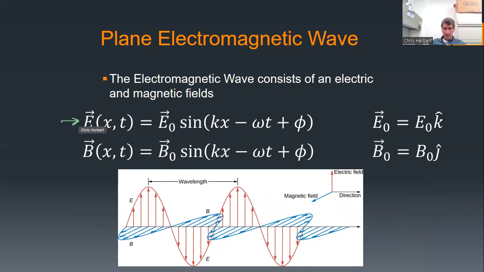It's oscillating with respect to position and time, but the electric field points in this case should be k. This shows the z direction. We'll have in this case, the electric field oscillating in the z direction. And in this case, the magnetic field is oscillating in the y direction. All right, but that's the plane wave.